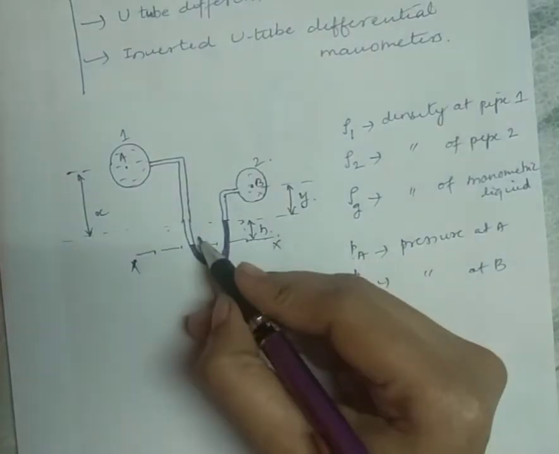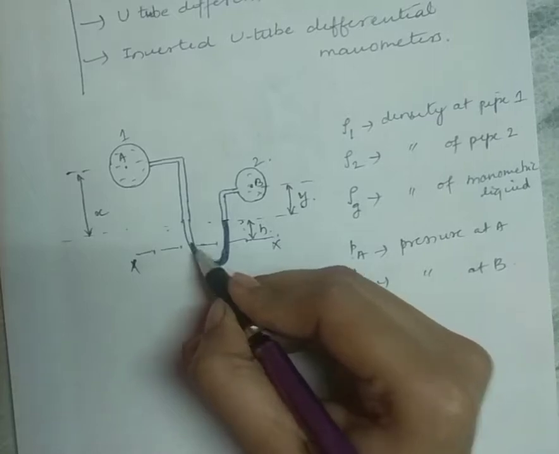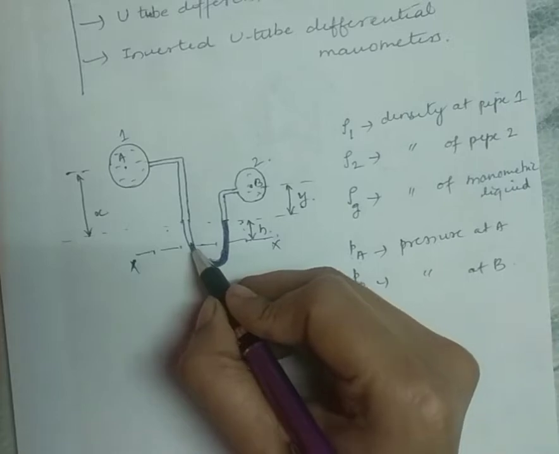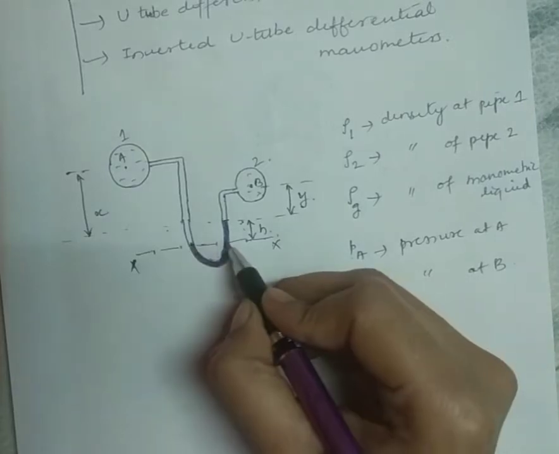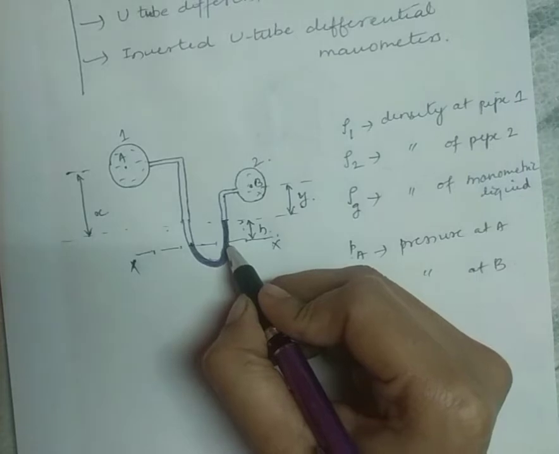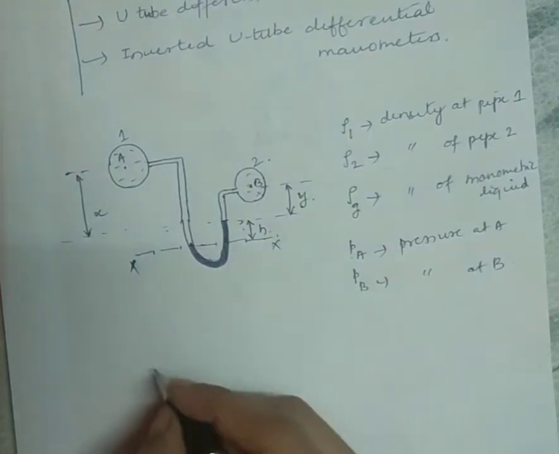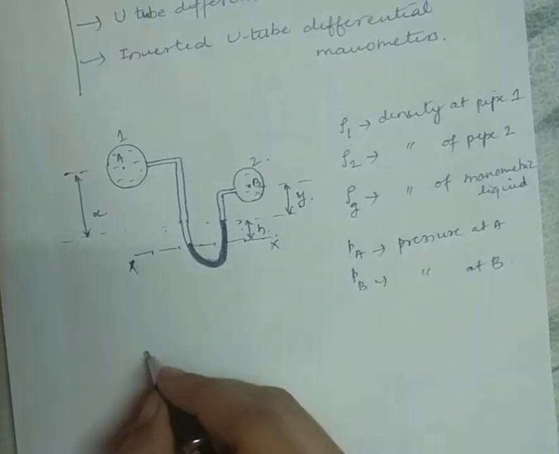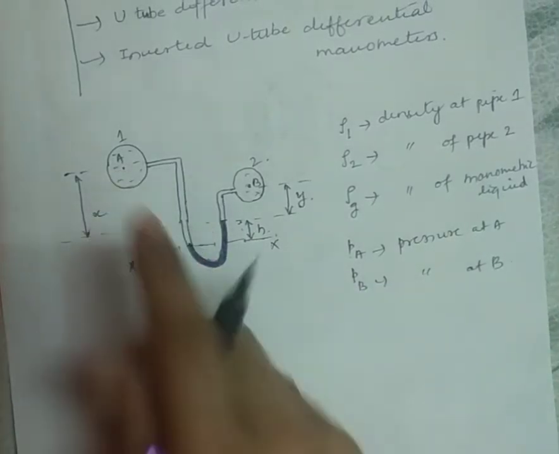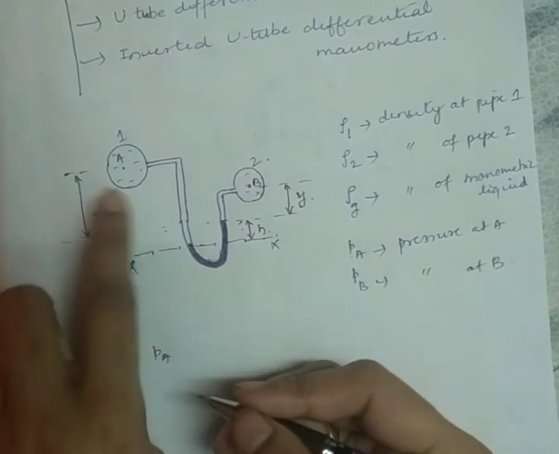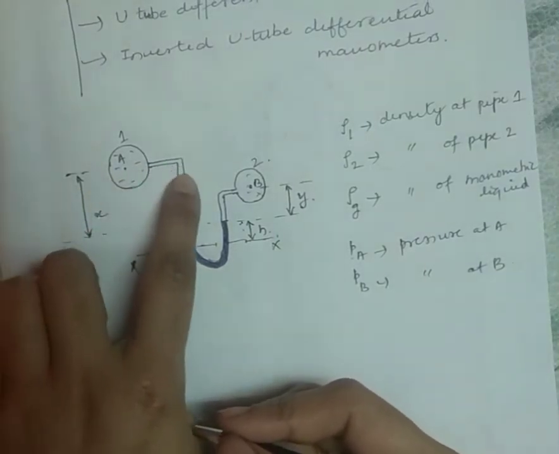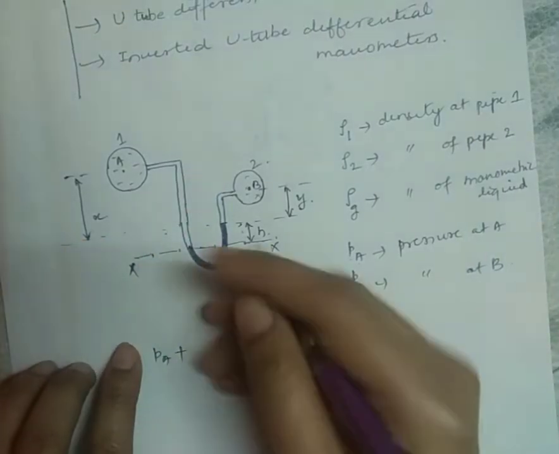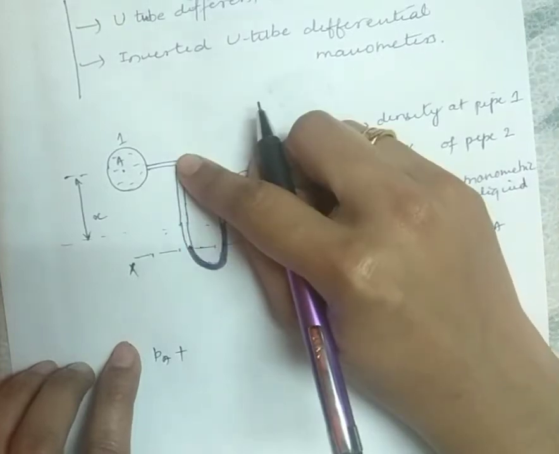I have to find out the pressure at the point where the datum line crosses, and equate it with the pressure at the point on the right limb. You know that the pressure at point A is PA, plus this much liquid height is there. What is the pressure due to this liquid column?